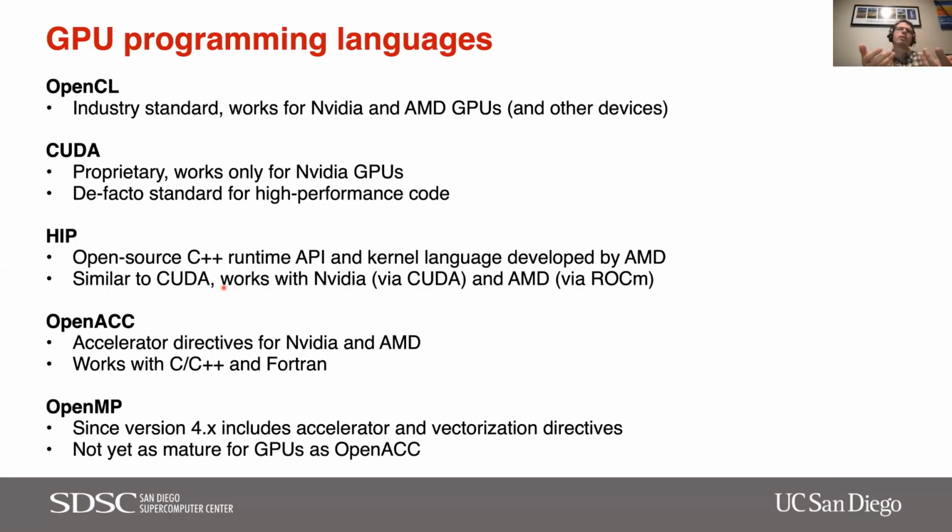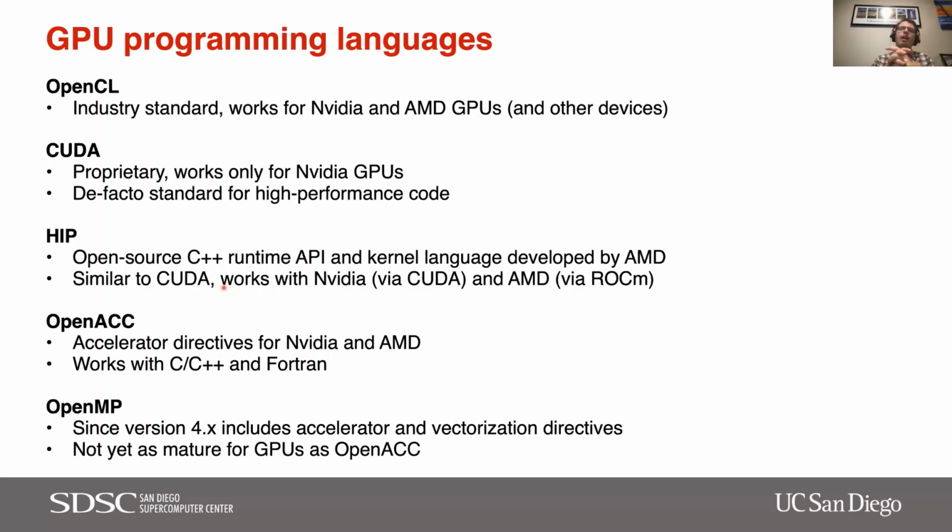There's actually a code translator where you can take your CUDA code, and it basically does a grep and replace on CUDA function calls and definitions and so on, and generates this HIP code. Then you can use that HIP code, or you could write it directly in HIP.